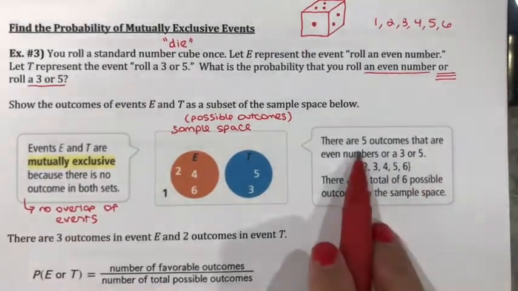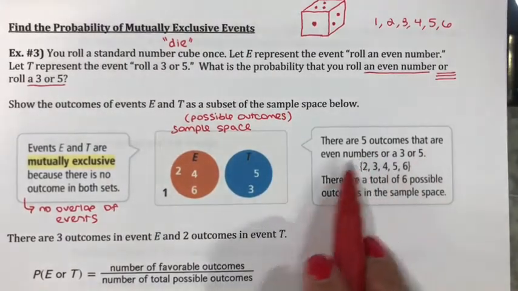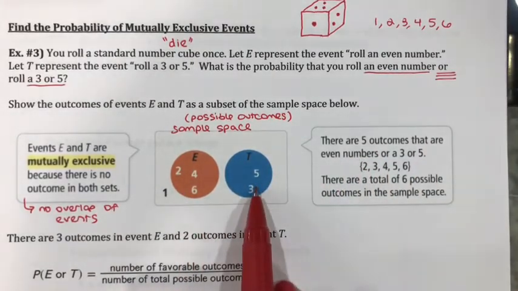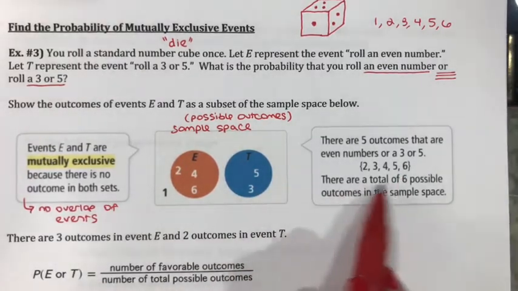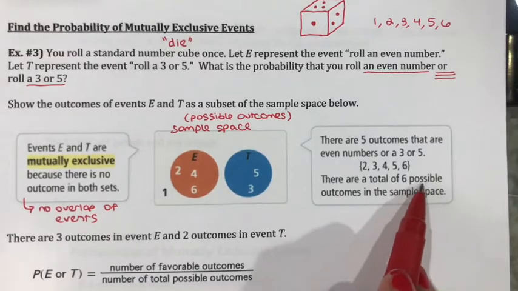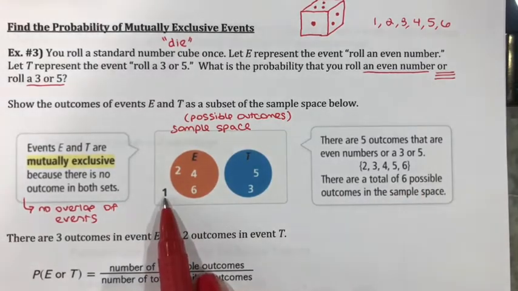Okay, now there are 5 outcomes that are either even numbers or a 3 or a 5. And it's important to note that there are a total of 6 possible outcomes in the sample space.